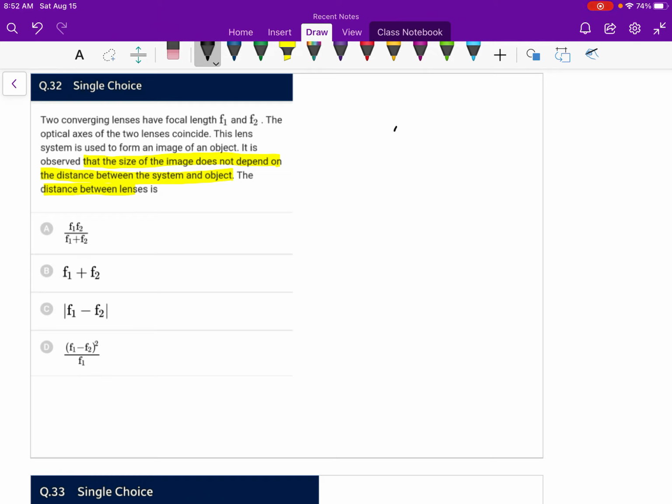So these are the two lenses, both have same principal axis, and say separation between them is d. Now the size of the image, that means magnification, is independent of the distance between the system and the object. This object is placed at x distance, so this magnification is independent of x.